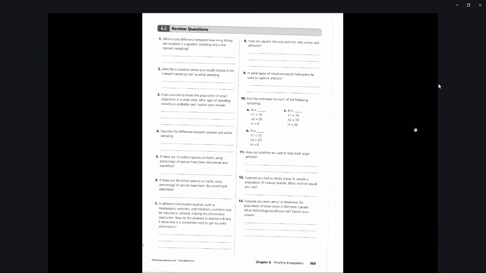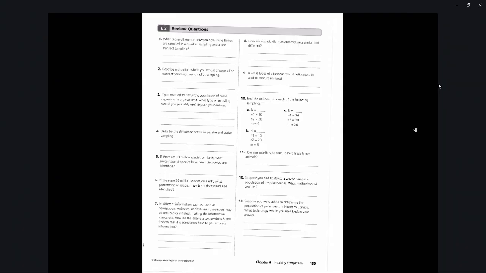Alrighty. Question number 8. How are aquatic dip nets and mist nets similar and different? Okay, so that question is worth 2 marks. So go back in. We talked about aquatic and dip nets. There's actually a nice picture at the bottom of page 165. It's showing the aquatic net and it's showing the dip net.